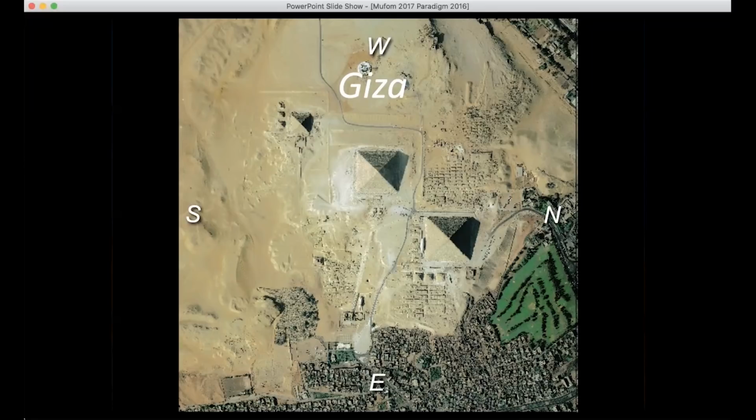Notice that I had north over to the right and west to the top of the page and south to the left and east to the bottom. The reason we're going to view it like that is because the path of the sun is from the east to the west. So this is how this was laid out. This is also kind of the way Orion's belt looks often in the sky.